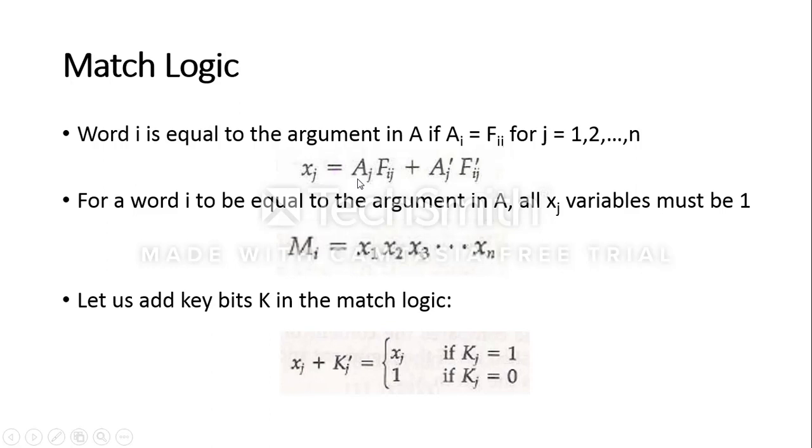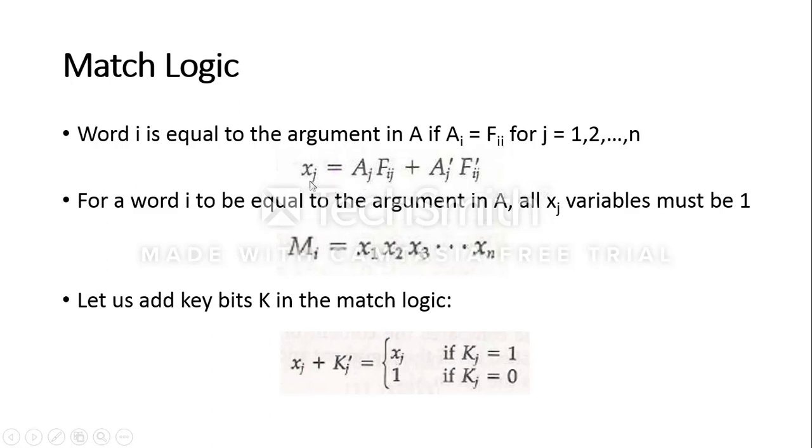And this comparison is required to be done for all n bits available in the argument register A, and all the memory cells available in one particular word of the associative memory. So here j ranges from 1 to n. Let us call the result of this XNOR Xj.